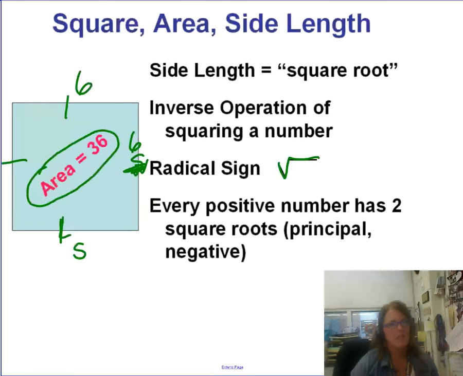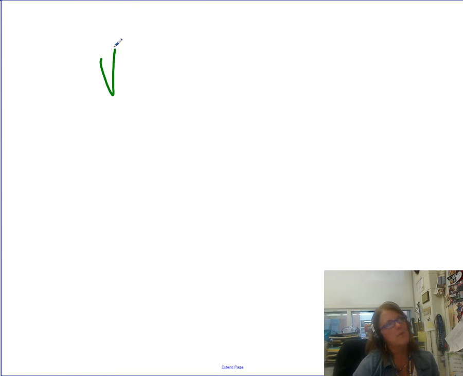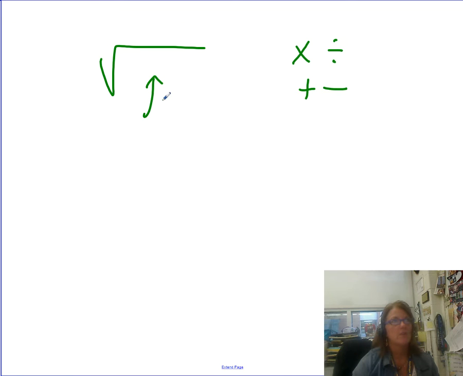So stop for a second and let's think about this, okay? So the square root symbol is a symbol that means a math operation, just like multiplying, dividing, adding, and subtracting. This means do some math, but specifically it means what number times itself gives you whatever items under this radical symbol.